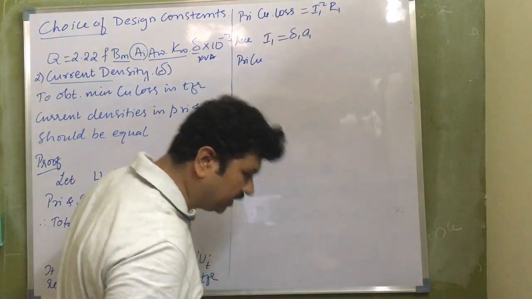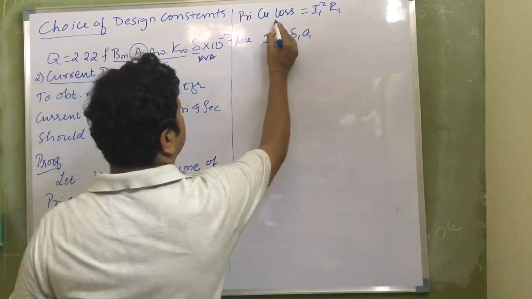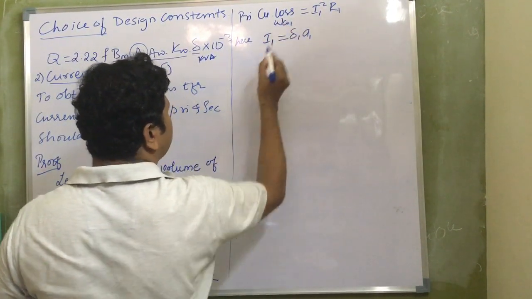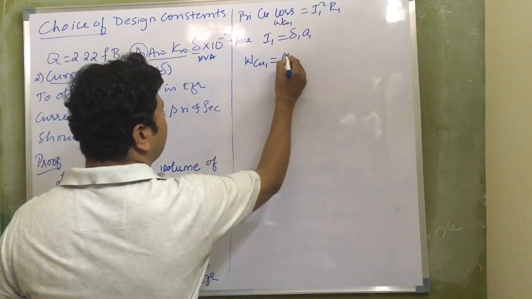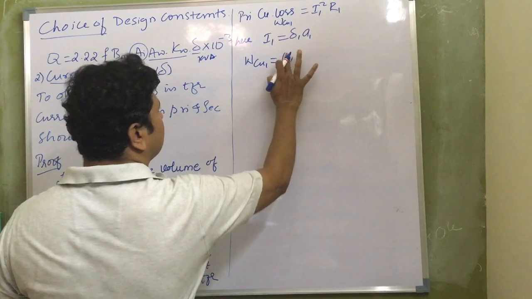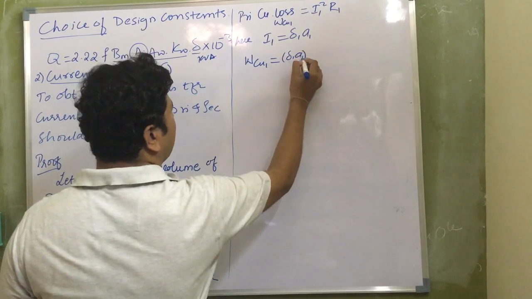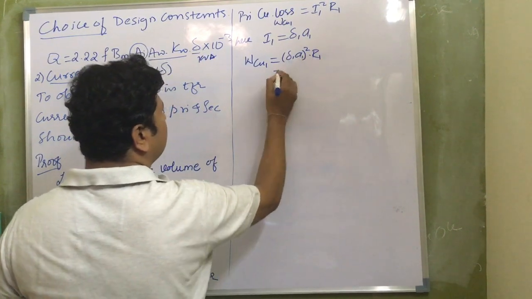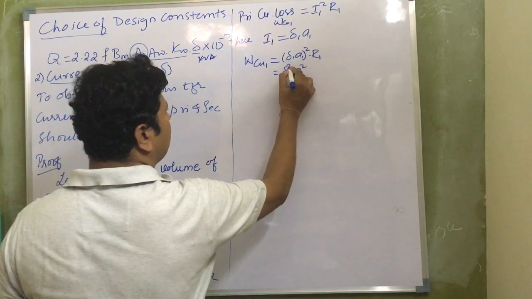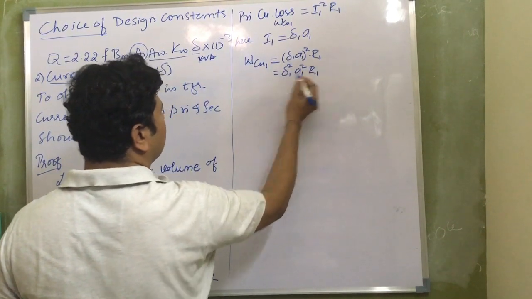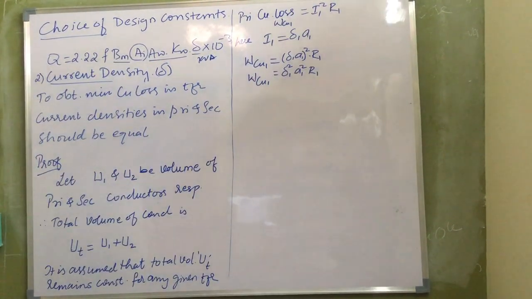or I will write it as, for my WCU1, WCU1 is equal to I1 square. In place of I1 square, I will write delta 1 A1 squared into R1, that is delta 1 square A1 square into R1.